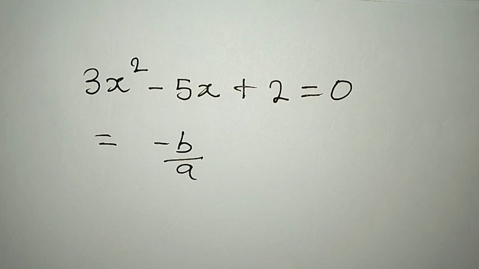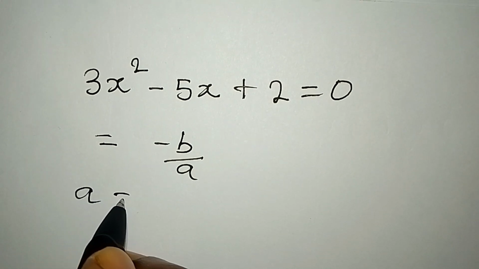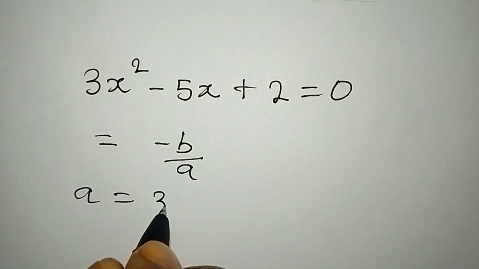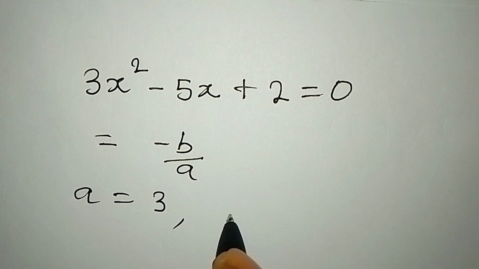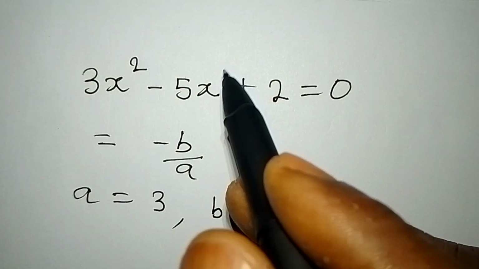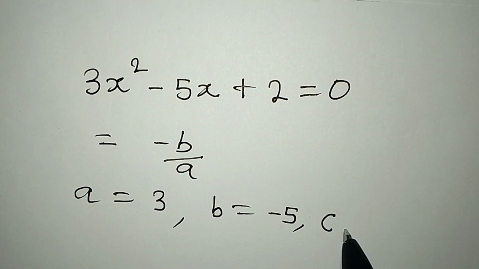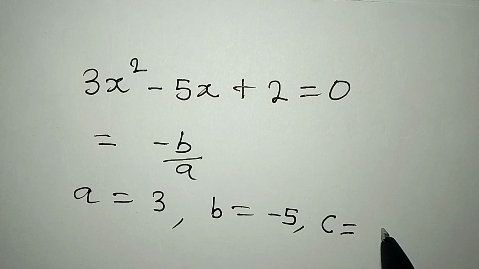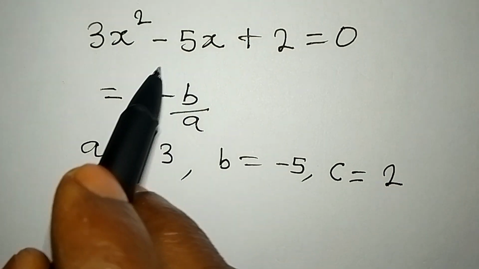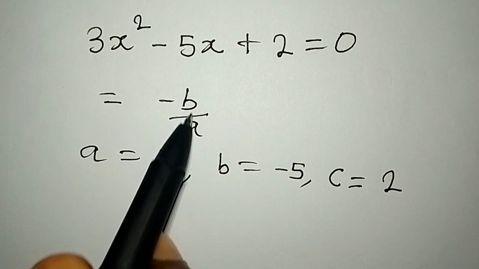Remember, when using the quadratic general formula, we say that our a is the coefficient of x squared, which is 3. So our a is 3, and then our b is equal to the coefficient of x, which is minus 5, and then our c is a constant, which is 2. So what we will do is to put this into this very quickly, saying that the sum of the roots is minus b over a.